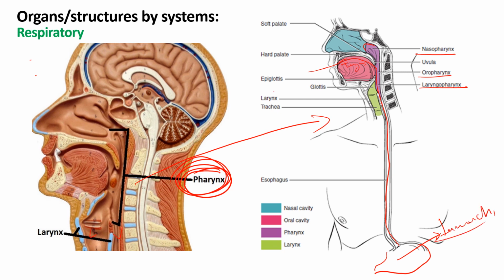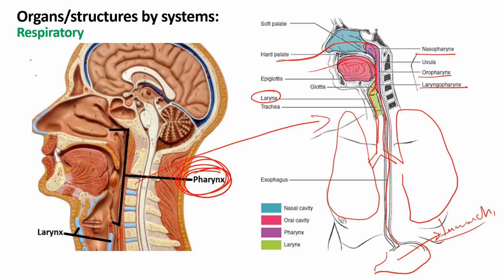Now the larynx is the portion of the respiratory system. When you breathe air, when you inhale, air goes through the pharynx and then turns anteriorly to the larynx and then goes down to the trachea. Remember, from the trachea, at some point, the trachea is going to divide in two main bronchus, and then we're going to have the lungs somewhere here.